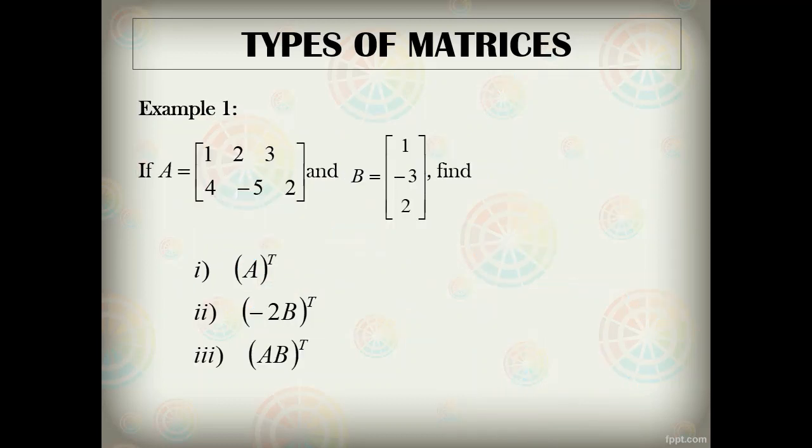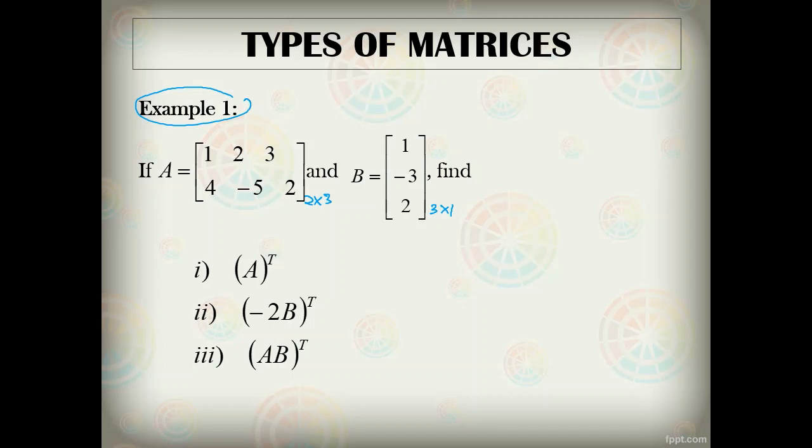Let us look at example 1 here. Okay, so we have two matrices, matrix A and matrix B here, where matrix A is 2 by 3 because we have 2 rows with 3 columns, and for matrix B we have 3 rows with only 1 column. So the first one, we need to find the A transpose.